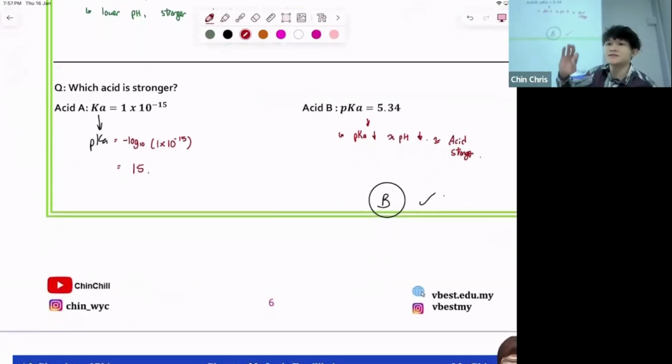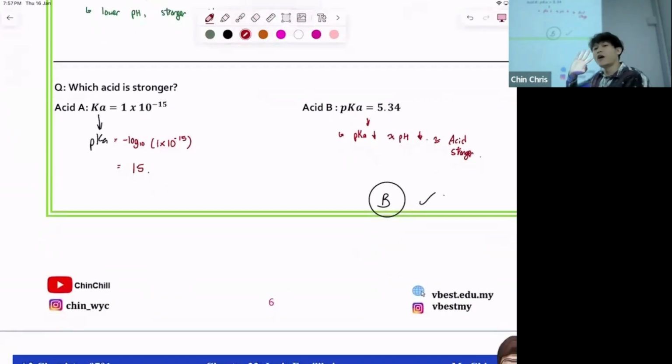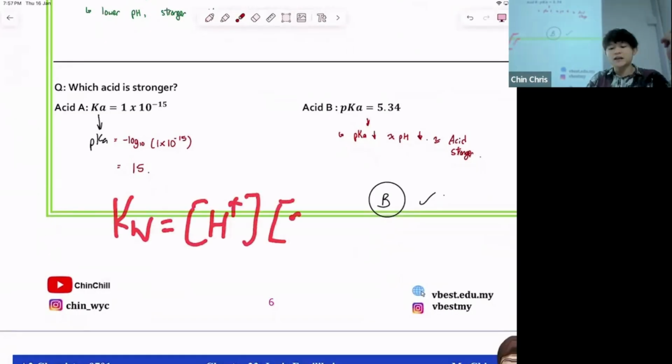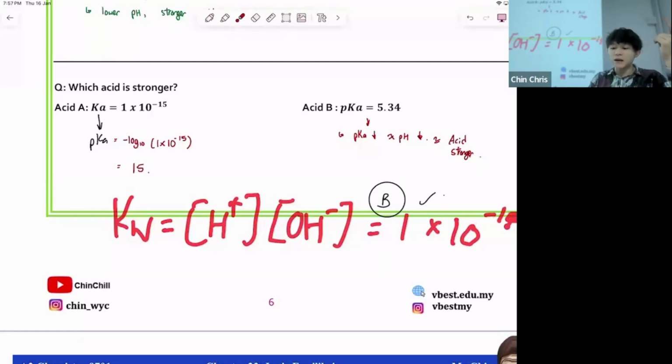So before I let you go, to summarize, we did a few equations. What is Kw again? H plus times OH minus, and this is a constant value at room temperature, 1 times 10 to the power of negative 14. Remember, because the maximum pH is 14.